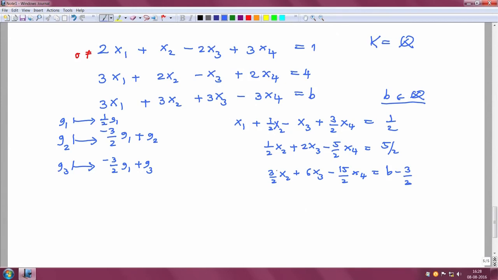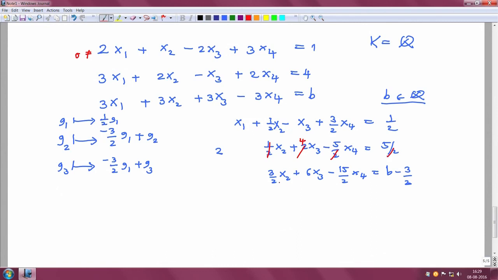Now, for simplicity of calculation, I will multiply the second equation by 2 so that the fractions will not be there. So I correct here: this becomes 1, this becomes 4, this becomes minus 5, and this becomes 5.